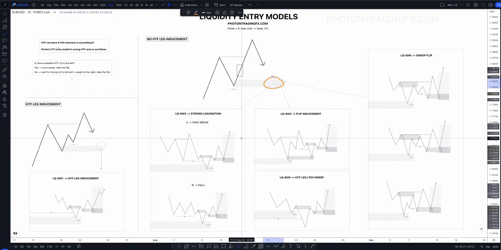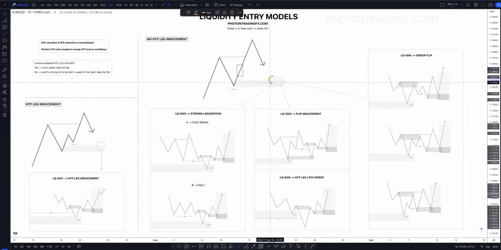Because if you do that, you will see them constantly and everywhere, and you will take trades that have nothing to do with the higher time frame idea. This always comes first. Then once price is down here, then you look at this. The problem is people have their low time frame execution time frame open all the time, and they see the setup because it will happen constantly, and then they think, oh, there's my model, I must get in. No, don't do that. Quick way to lose a lot of money, okay?